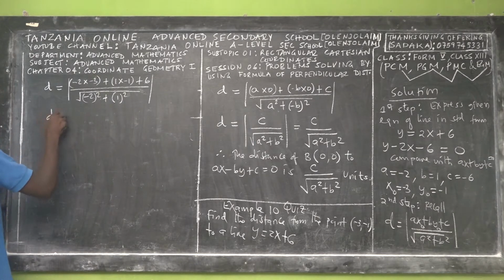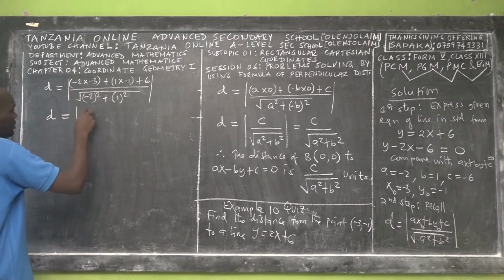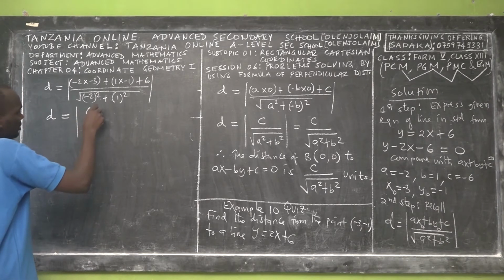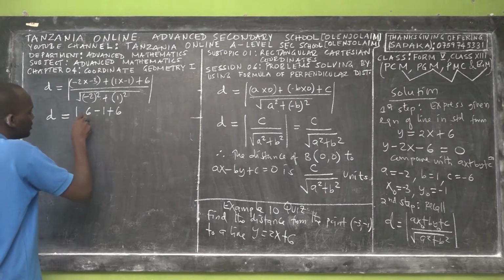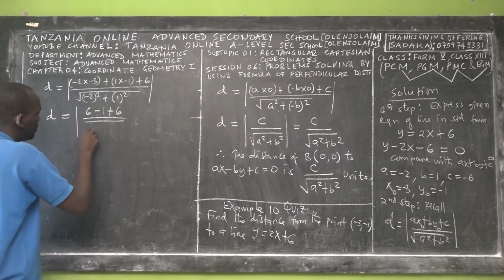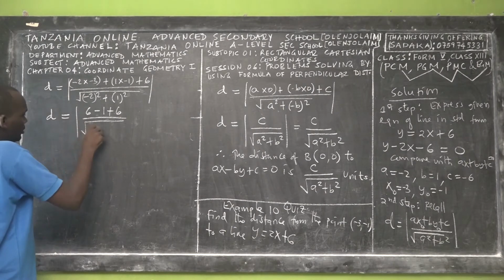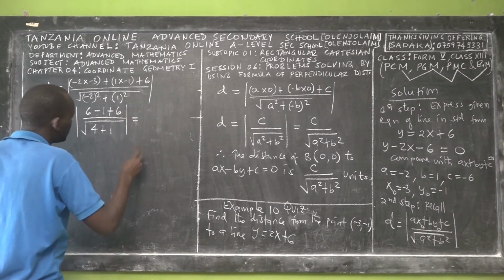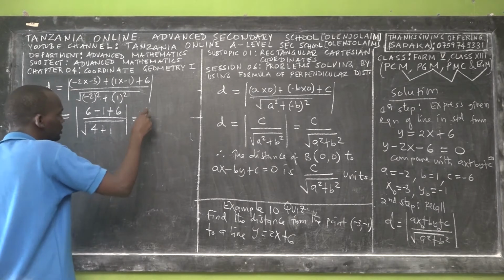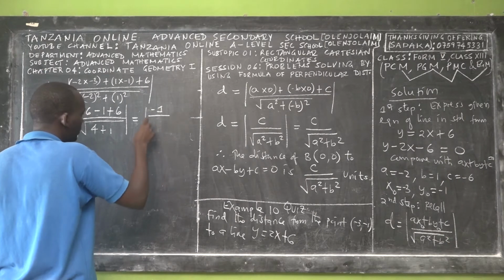Then the distance is equal to the absolute of 6, minus 1, minus 6, over the square root of 4 plus 1. So this is the absolute of -1 over square root of 5.